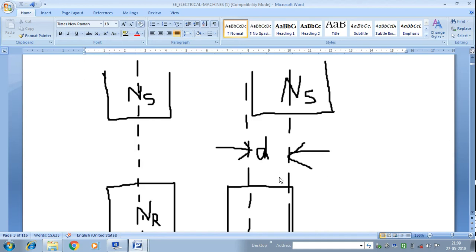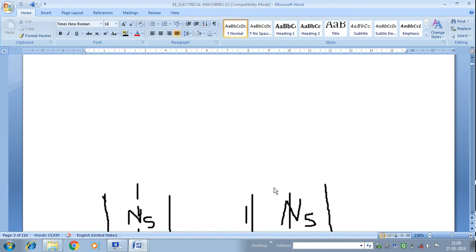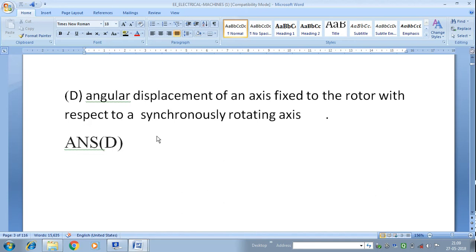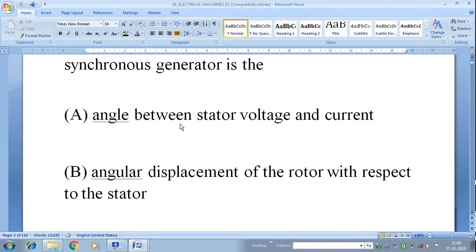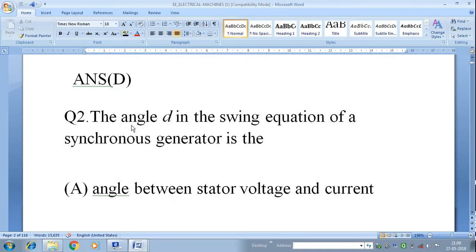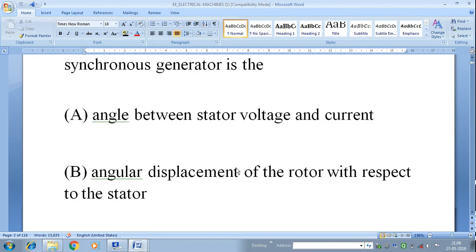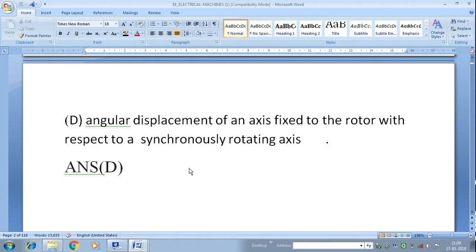So answer D is the most suitable answer: the angular displacement of an axis fixed to the rotor with respect to a synchronously rotating axis. Therefore, for the angle delta in the swing equation of a synchronous generator, answer D is the correct answer.